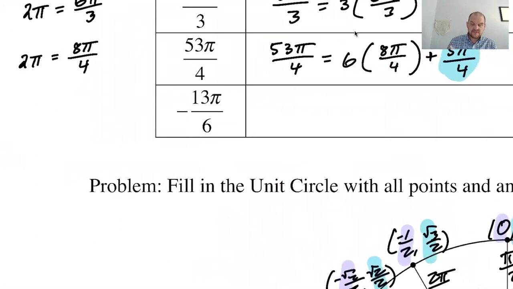All right, so this one's interesting, right? So I'm going to think of 2 pi as 12 pi over 6. I don't know why I said 3. There was a 13. It made me think of 3.